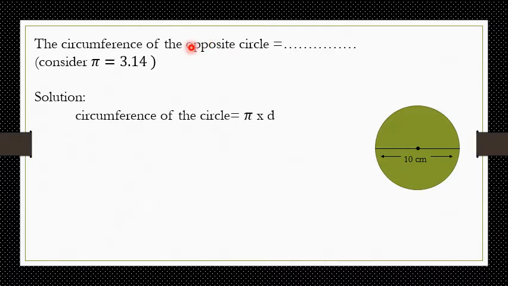So solution, circumference of the circle equals pi by d. We have pi equals 3.14 and d from the figure equals 10 centimeters. So circumference of the circle equals 3.14 by 10 equals 31.4 centimeters.